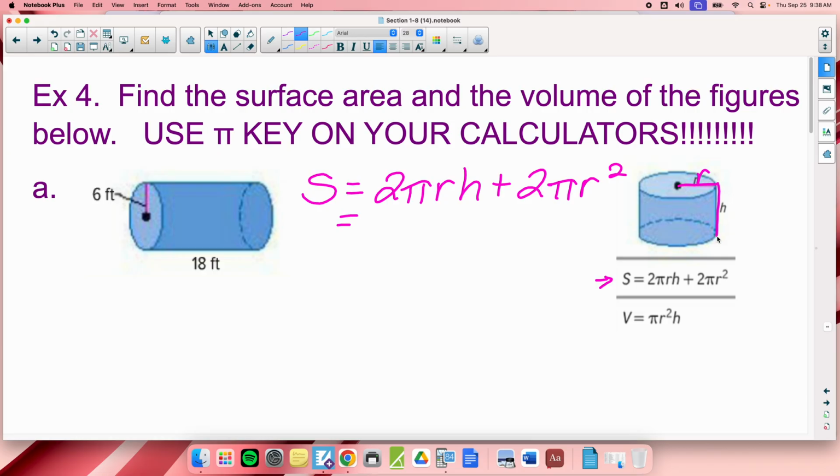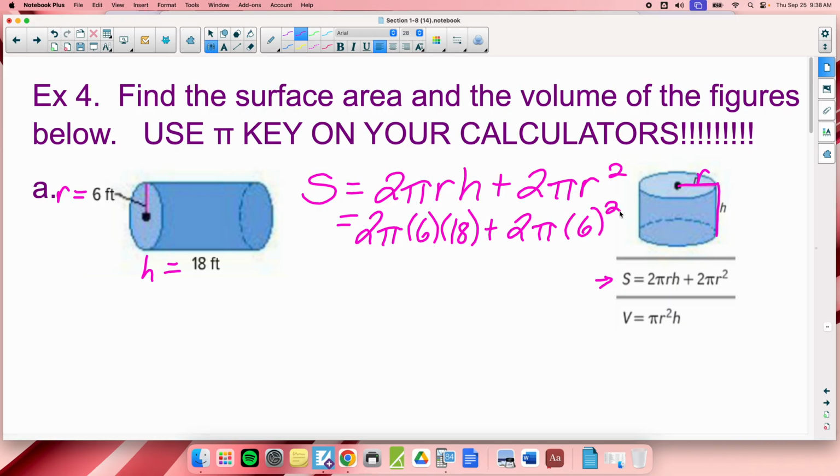Isn't this the radius of our circle? And isn't this the height? Does everybody get that? So all we do here is go 2 pi, we substitute 6 into the radius, we substitute 18 into the height, and then it's plus 2 pi, and then radius squared, which is 6 squared.